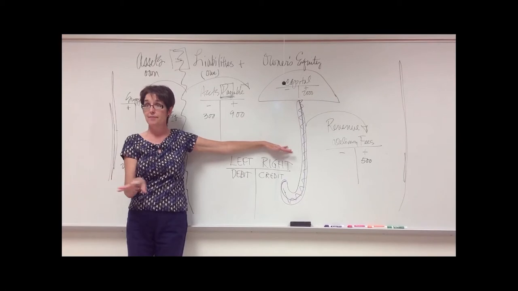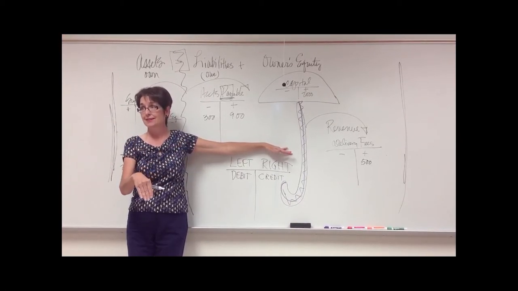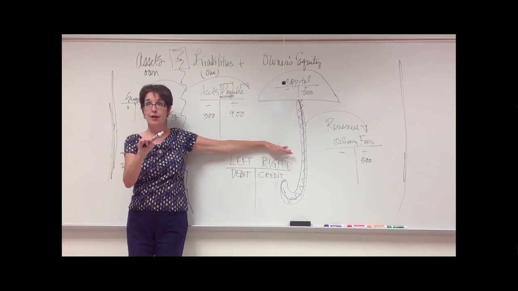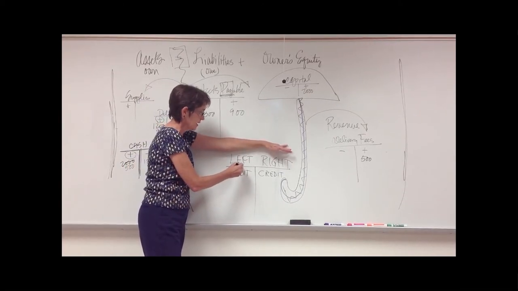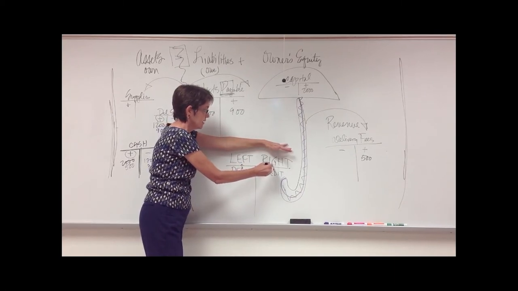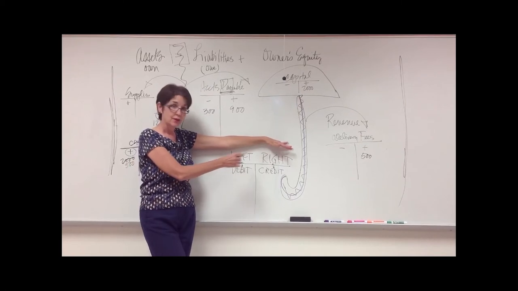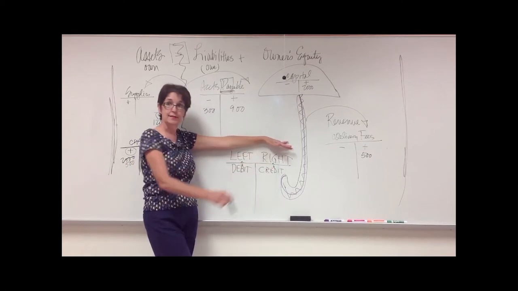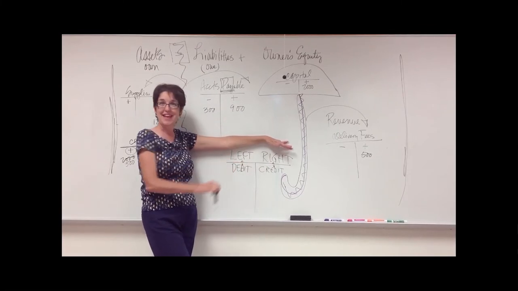But at the same time, that has nothing to do with what we're talking about today in class. What we're doing right now, where you are in accounting, is that these two guys are synonymous. Debit means left, credit means right. Right means credit, left means debit.